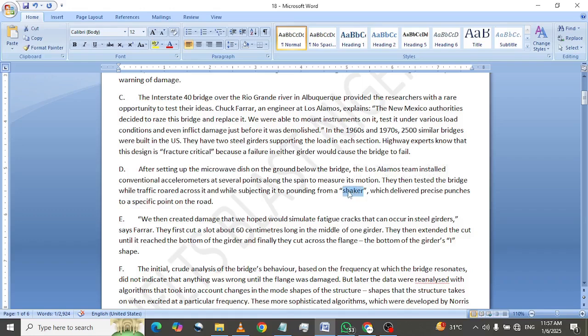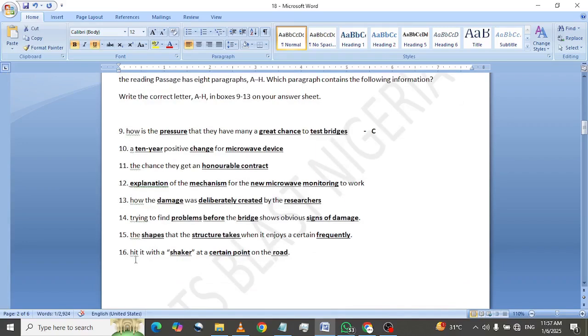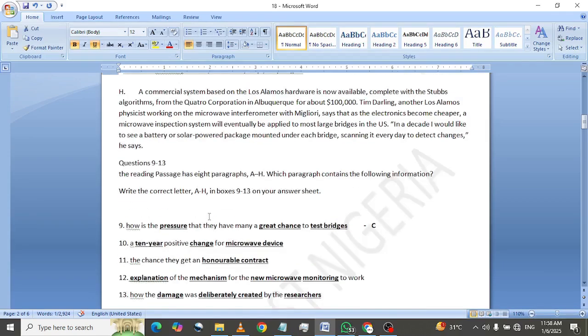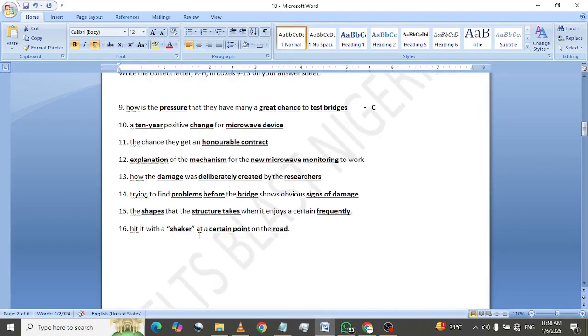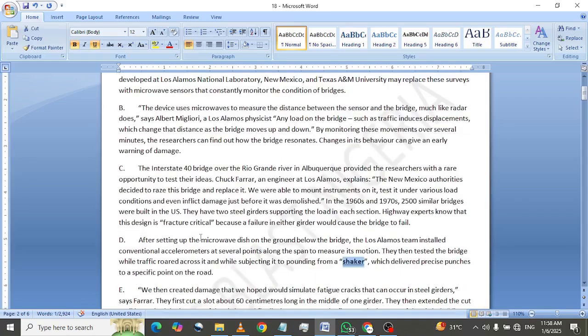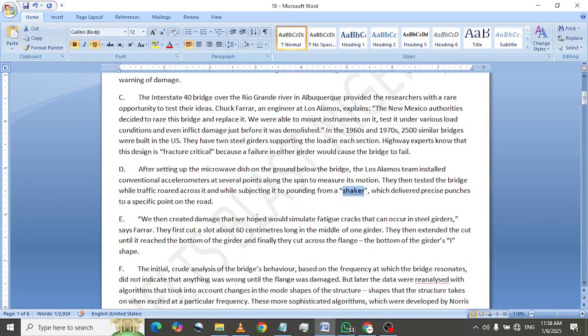It is always advisable that you underline it, because this paragraph D will kind of answer question 16. I can easily detect this shaker that we underlined in this paragraph, so our answer to question 16 is likely going to be in paragraph D. So let's still move on while checking the others.